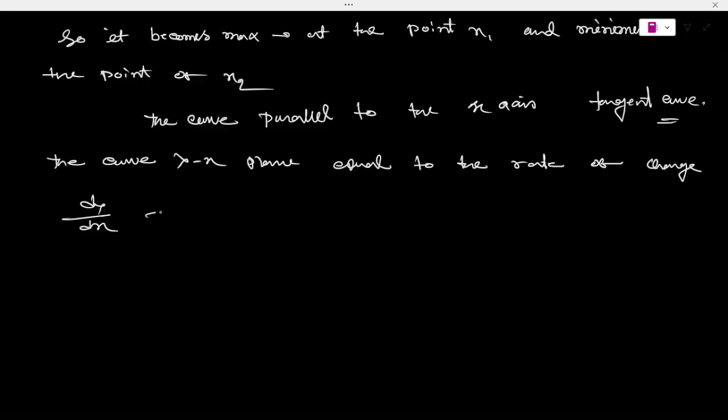At a maximum or minimum, dy by dx is equal to 0.